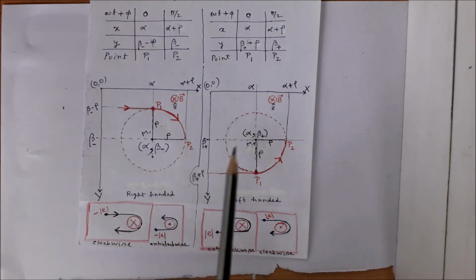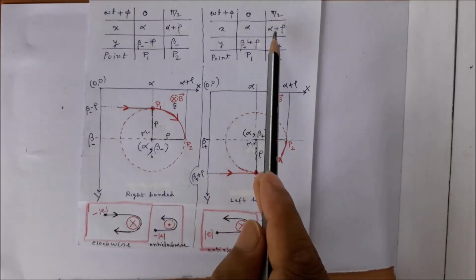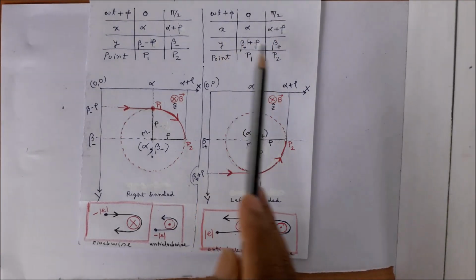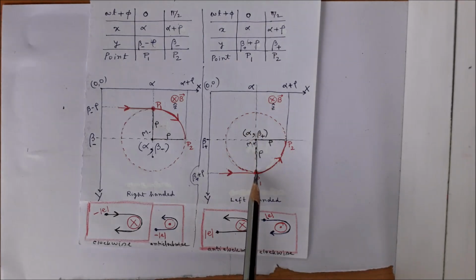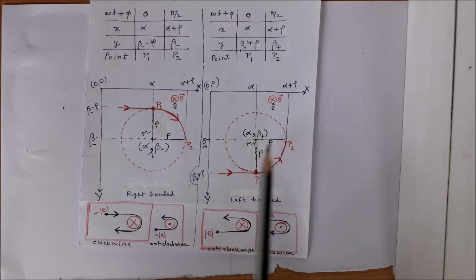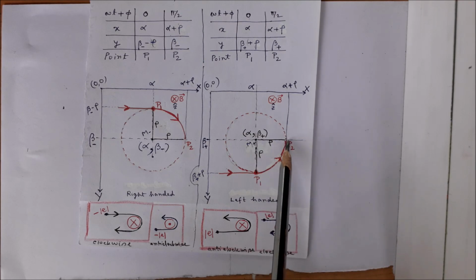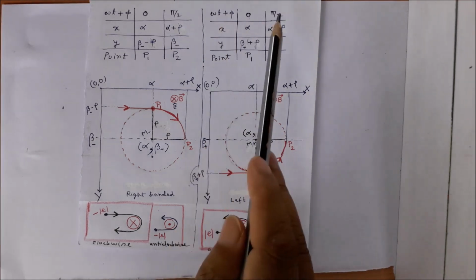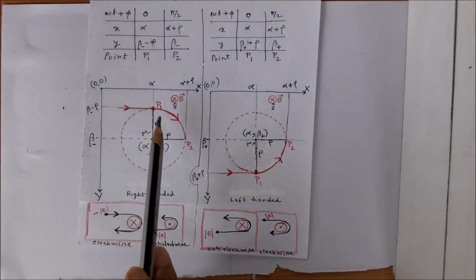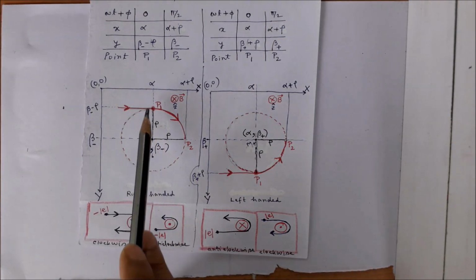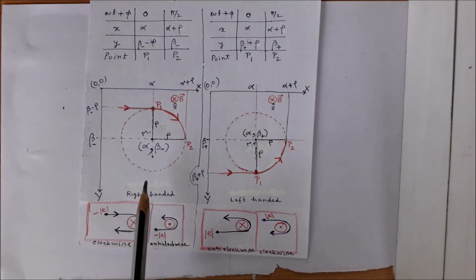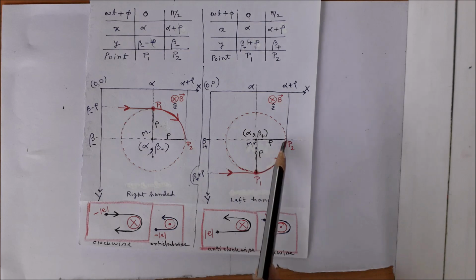For the positive charge, the x coordinate is alpha plus rho, so it is here, and y is beta plus, so it goes up and beta plus is here. So P2 is the location of the charge at omega t plus phi equal to pi by 2. So we have located the position of the particle at omega t plus phi equal to 0 and omega t plus phi equal to pi by 2.